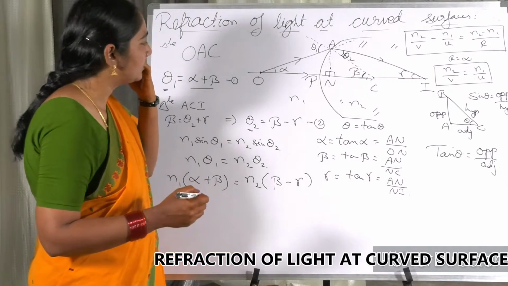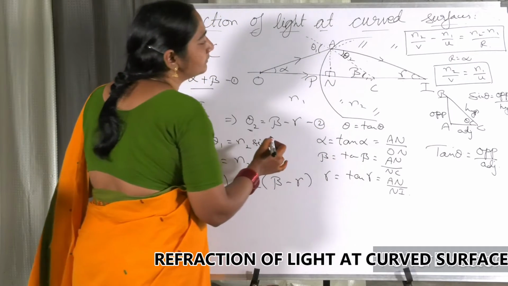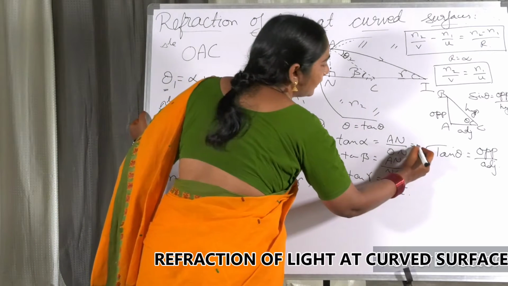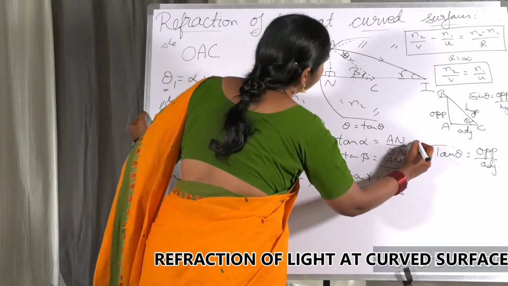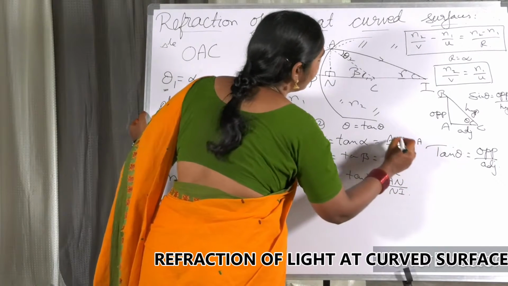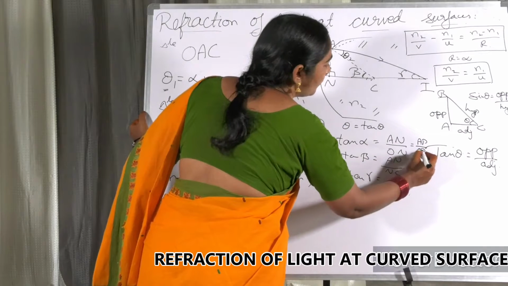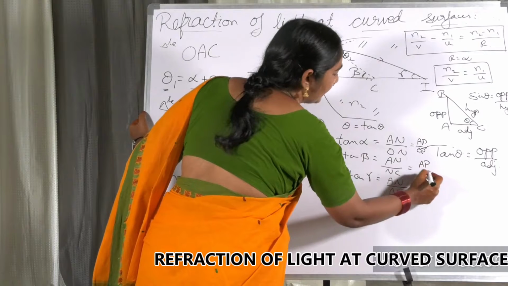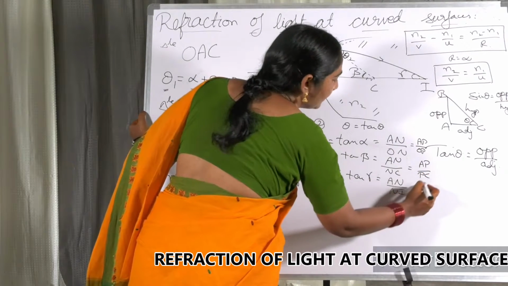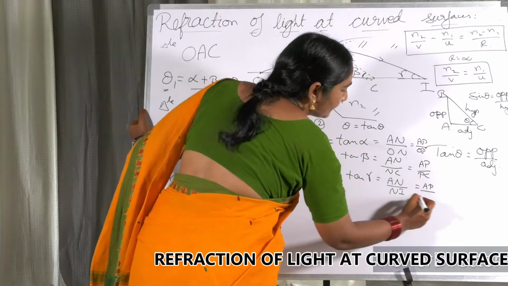And again one more correction. I already discussed that N is very near to P. So when this distance N is very near to P, wherever there is N, I can replace it by P. So AP by OP, that is equal to AP by PI.